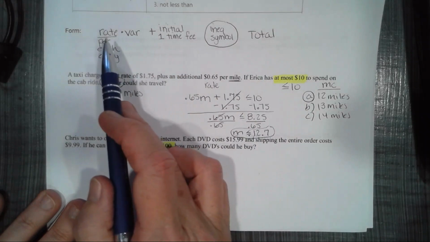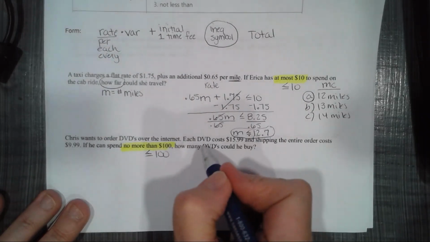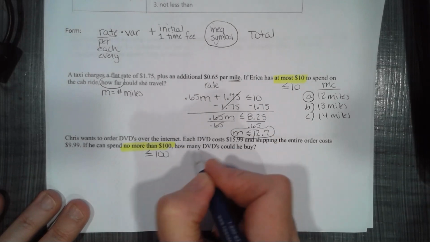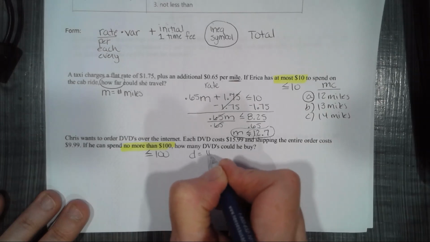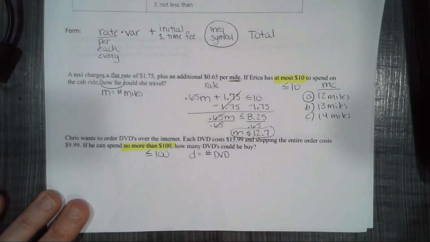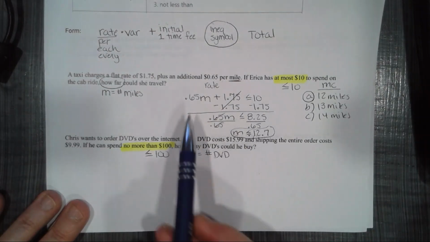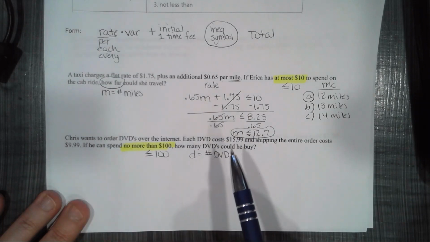Okay, now I need my variable. Well, it's the question. How many DVDs? So this tells me my variable, we'll just let it be a D, which equals the number of DVDs that he buys. Okay. Now that I've got my variable, remember my variable is associated with my rate. So we've got two numbers here.